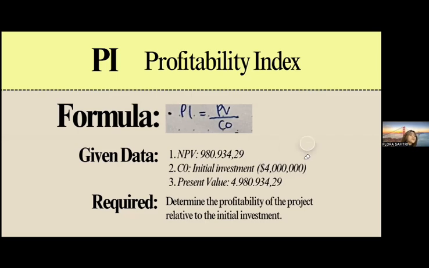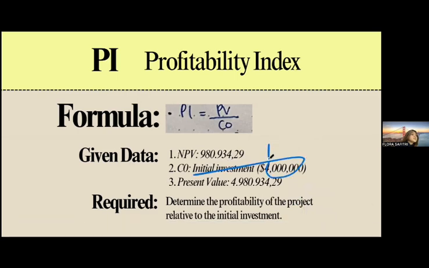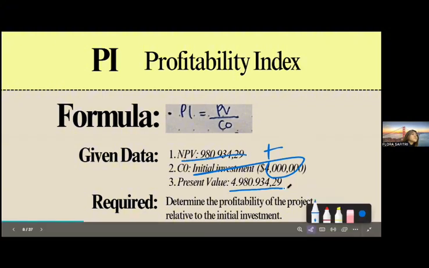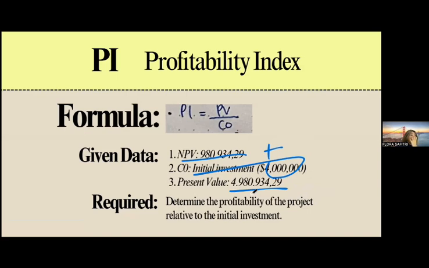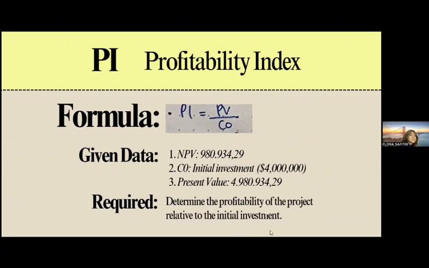To get the present value, we take the initial investment plus the result of the NPV, so we get a present value of 4,934,000.29. The requirement is to determine the profitability of the project relative to the initial investment.